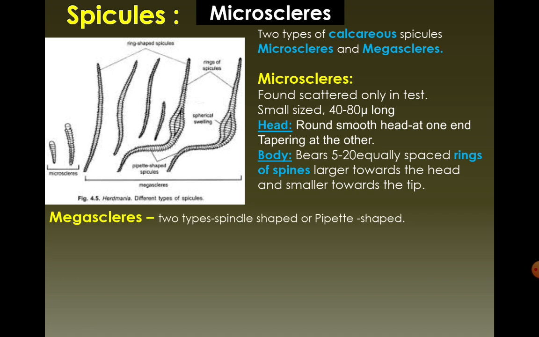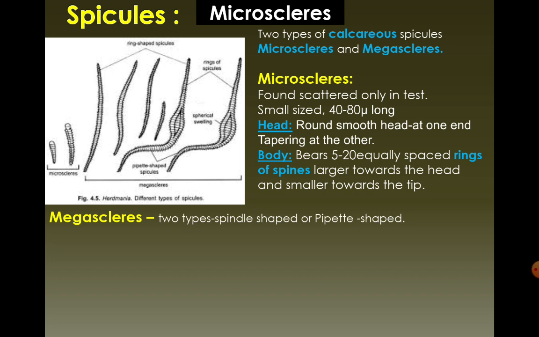Microscleres are found scattered only in the test, and they are small sized, measuring about 40 to 80 microns long. They have 2 regions, the head and the body. The head remains round and smooth at one end, and it tapers at the other end.